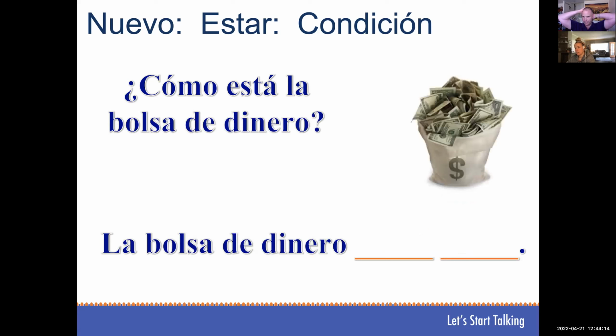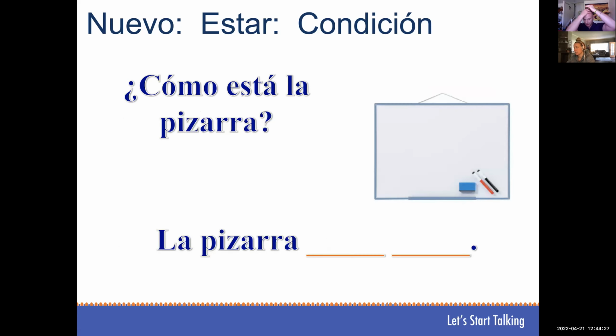¿Cómo está la bolsa de dinero? La bolsa de dinero está llena, okay, yeah, llena. ¿Cómo está la pizarra? La pizarra está blank. I don't know what I'm saying about la pizarra. Clean is what we're looking for. No, limpio.